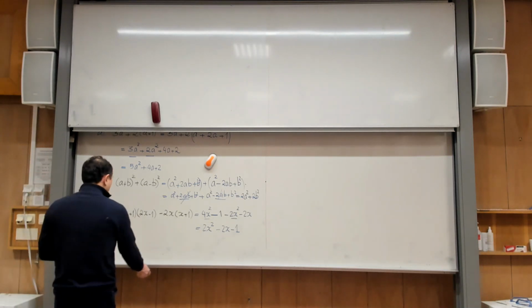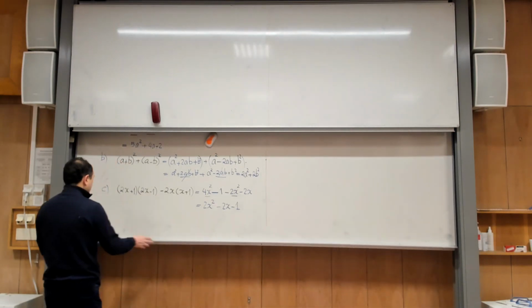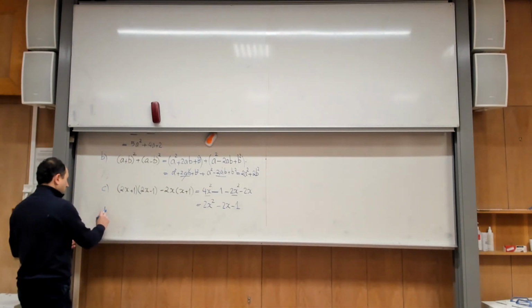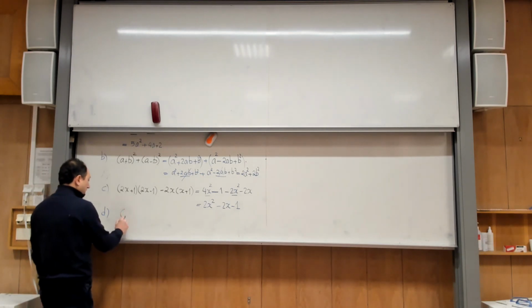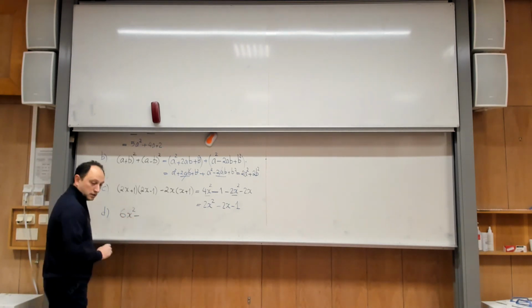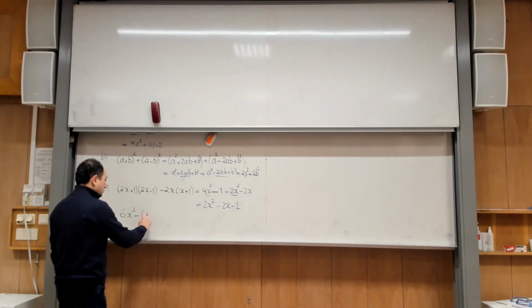Okay, the next one, let me also solve that. Part D is actually 6x squared minus (x plus 2) squared.